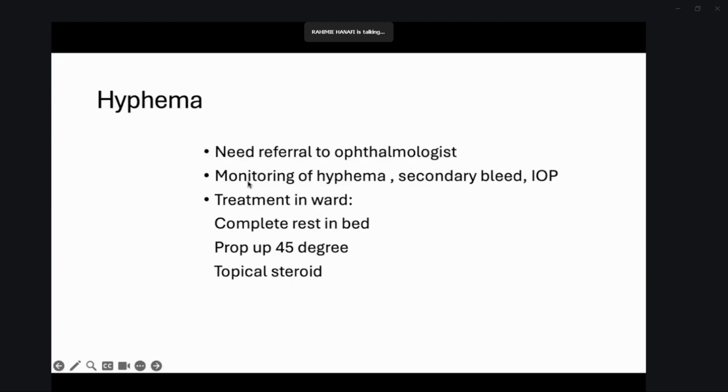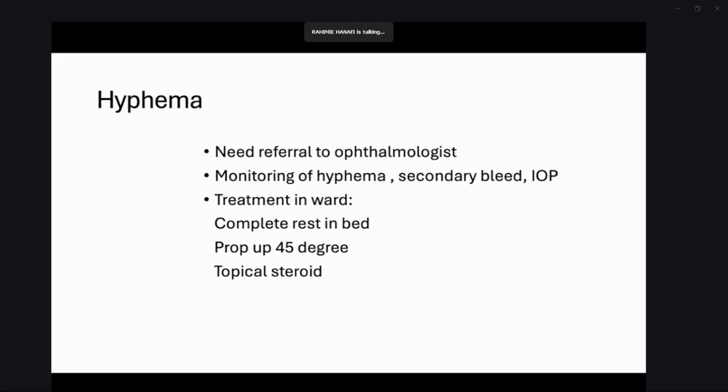In the case of hyphema, or even if you know that something hard hit the eye even though you can't see the hyphema, we need to refer to the ophthalmologist. Why? Because we need to examine under a slit lamp, and even for microscopic hyphema we need to monitor it, see whether there is a secondary bleed later on, and also check the intraocular pressure.